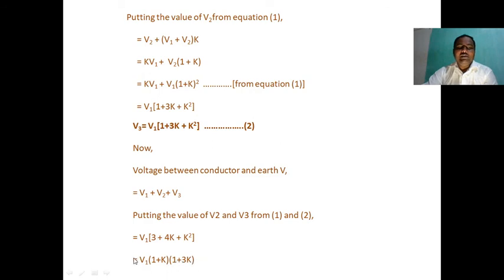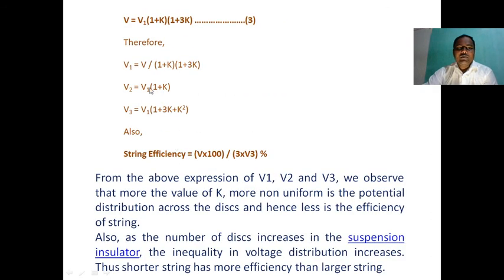Total voltage V is equal to V1 of (1 plus K)(1 plus 3K). Therefore, V1 is equal to V by (1 plus K)(1 plus 3K).